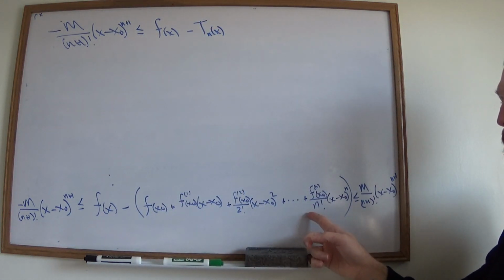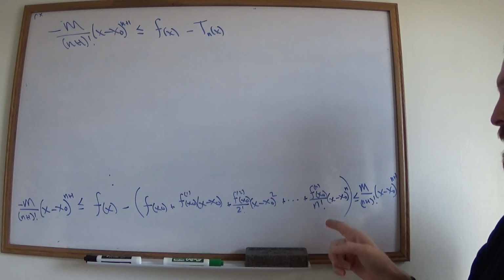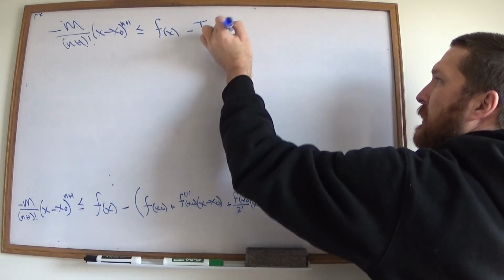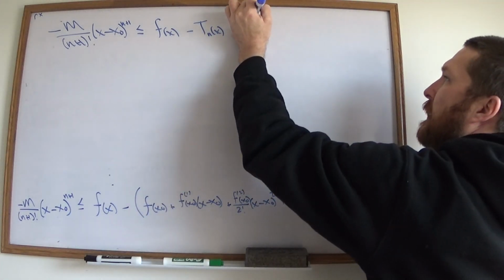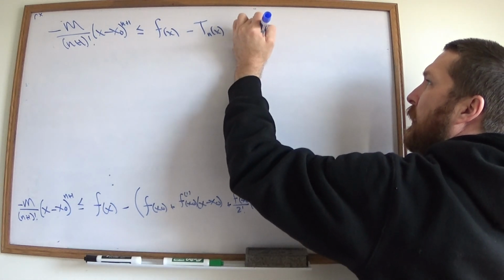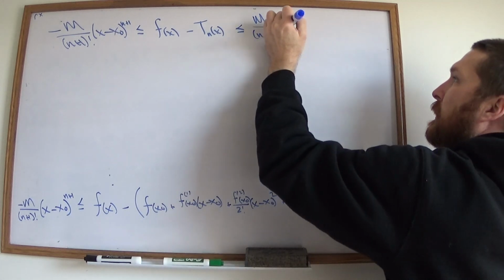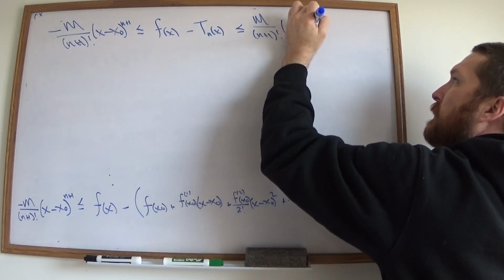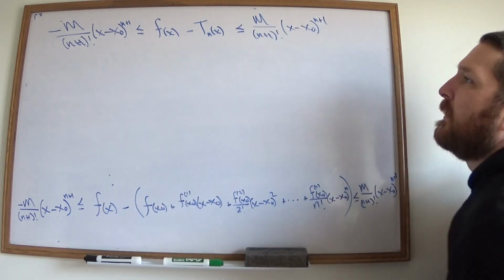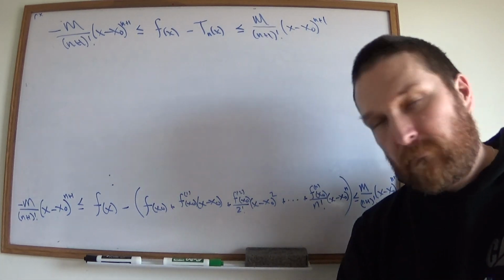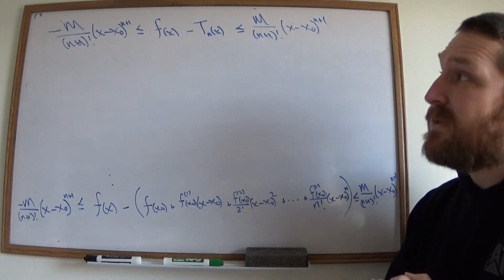That's all that is, right? Which is less than or equal to positive M over n plus 1 factorial, x minus x0 to the n plus 1. Now, this is what we wanted to show.